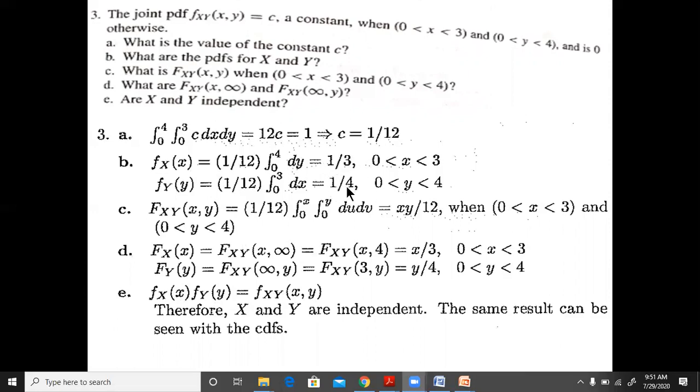So 1 by 3 into 1 by 4 is equal to 1 by 12. Therefore, x and y are independent. You can as well do it for the CDFs in place of the PDFs. That means this multiplied by this will be equal to this.